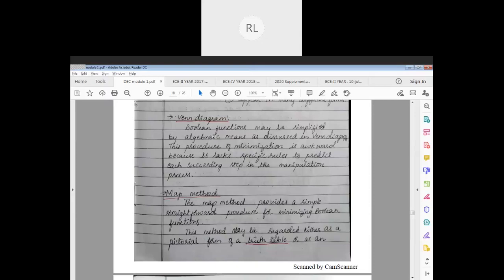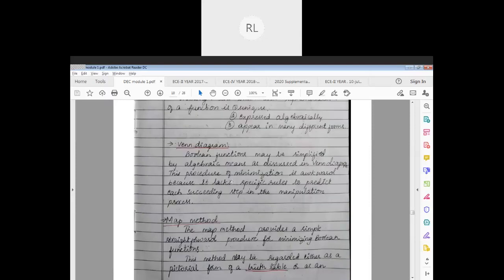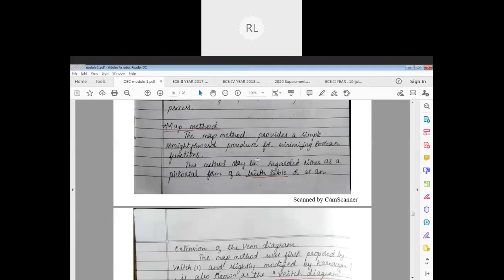I think you would have seen Venn diagrams in your mathematics, the circular diagrams that we draw with union and intersection. Boolean functions may be simplified by algebraic means using Venn diagrams. This procedure of minimization is awkward because it lacks specific rules to predict each step in the manipulation process.